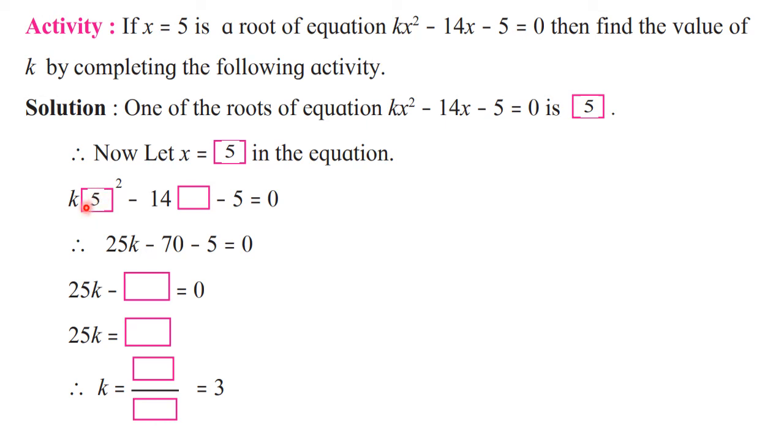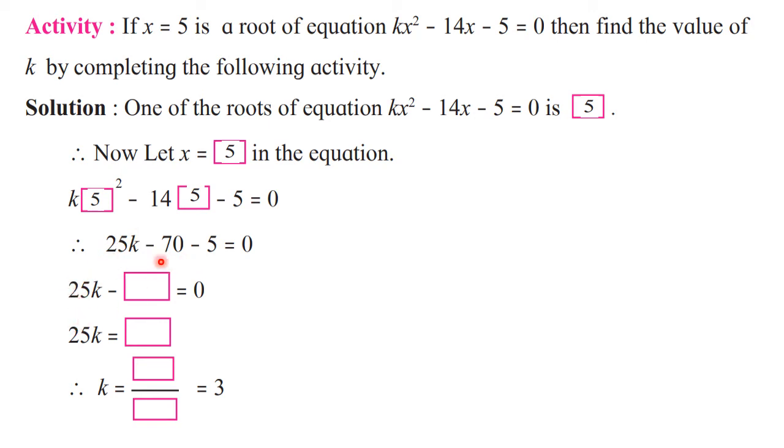So the first box is having 5, square is already given. In the second box also you will have 5. So 5 square is 25 and 25 into k, so 25k is already given. And minus sign as it is, 14 fives are 70 and this minus 5 as it is equal to 0 as it is. Now see, 25k is already given everywhere.